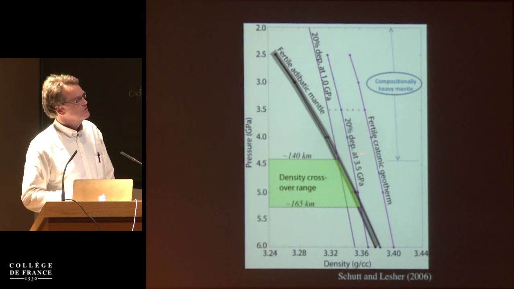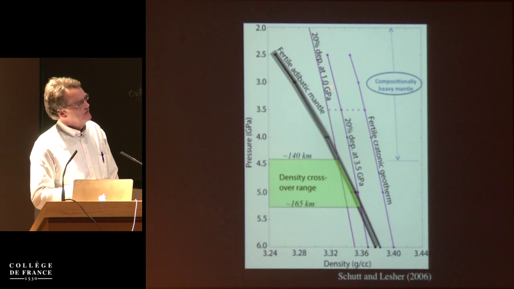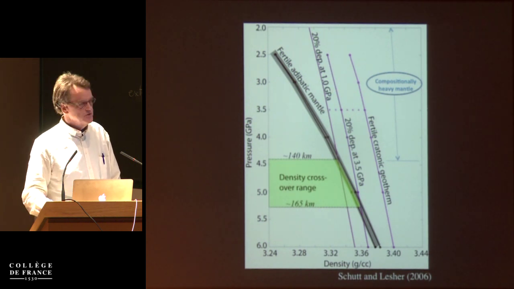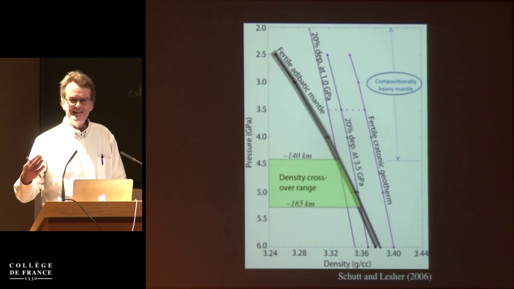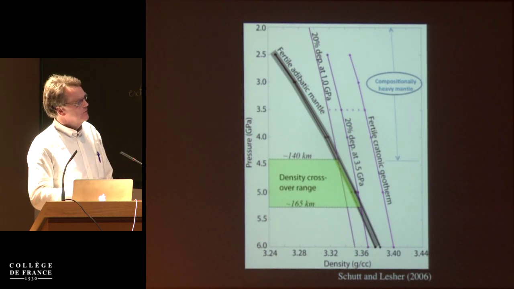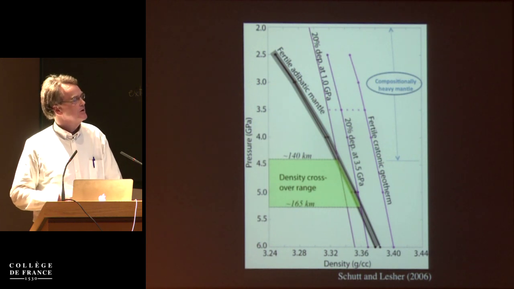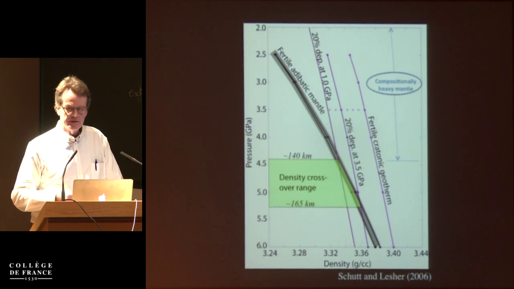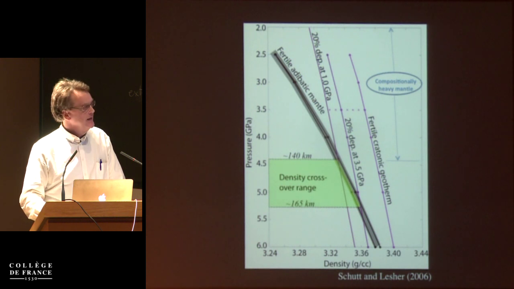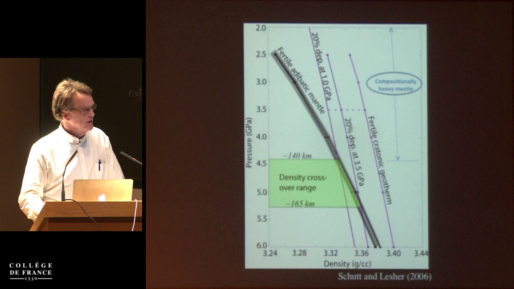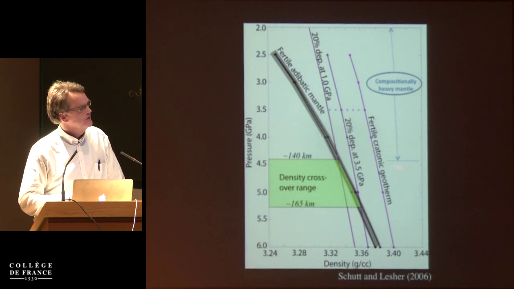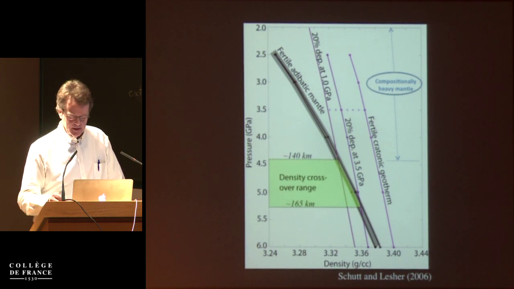Somewhere there's a density crossover, such that if you're assuming these kinds of lithologies, there's no way to maintain isopycnicity across the full depth range. The upper part becomes too dense due to the thermal effects of cooling, and the lower parts can remain positively buoyant. And that crossover for these examples is going to be somewhere, say, 140 to 165 kilometers.